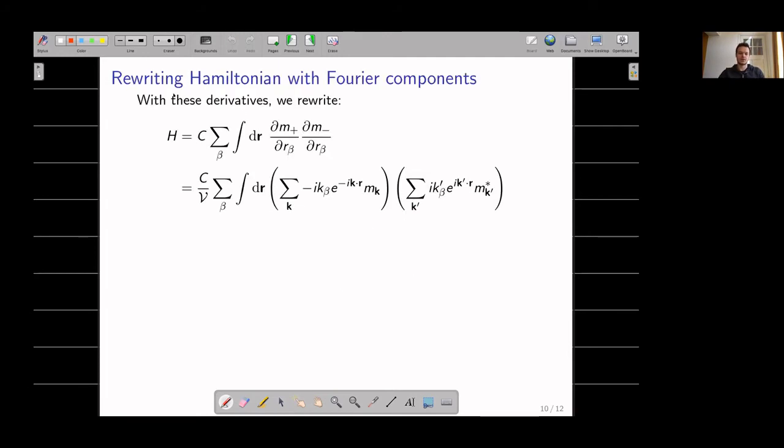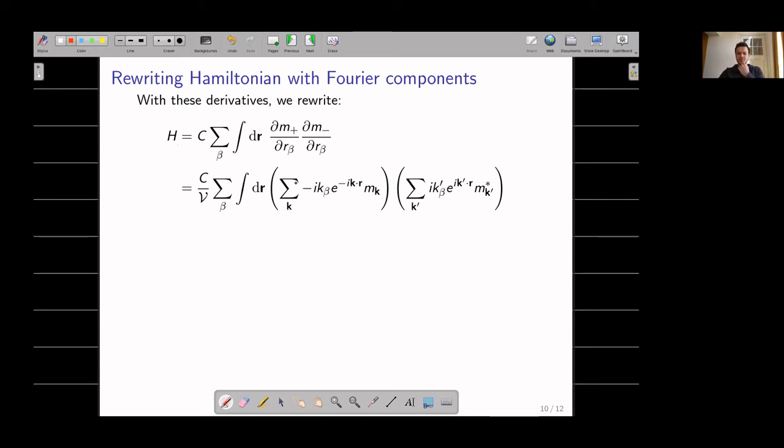And once we have taken the derivatives, one just replaces the two expressions that we have found previously for m plus and m minus.